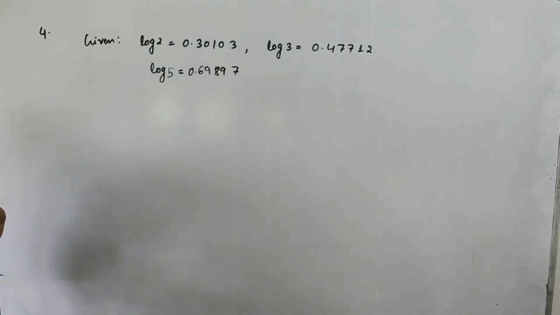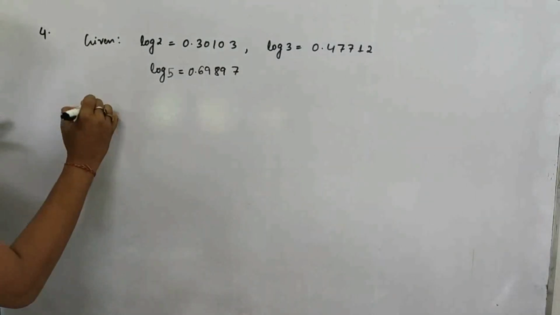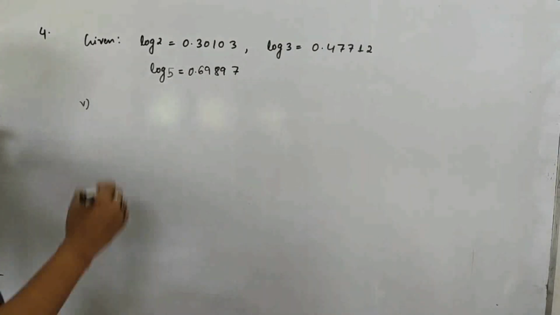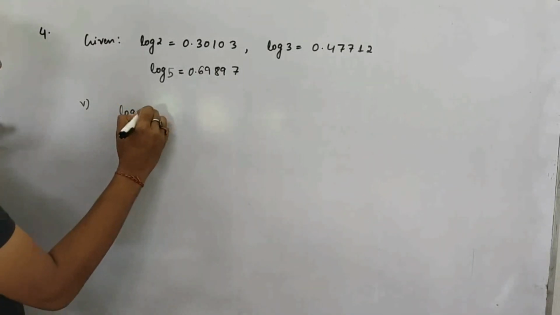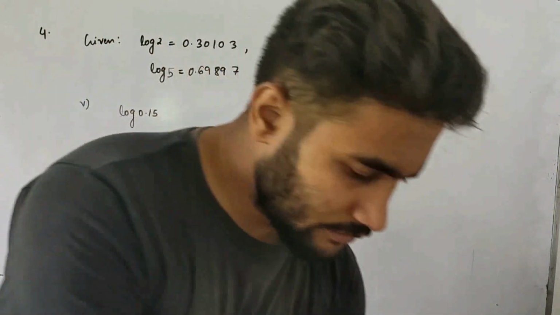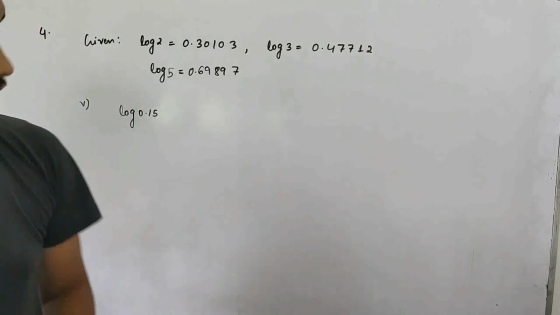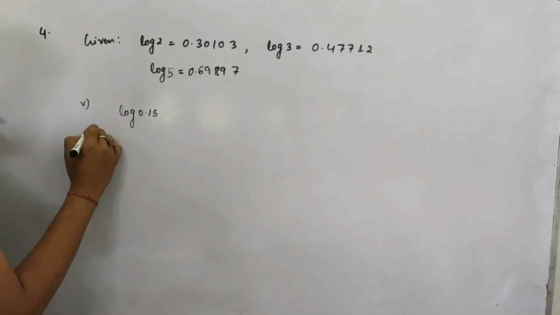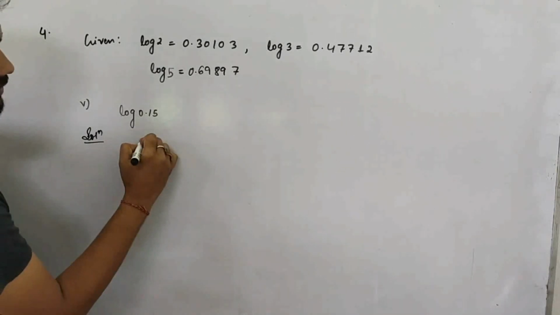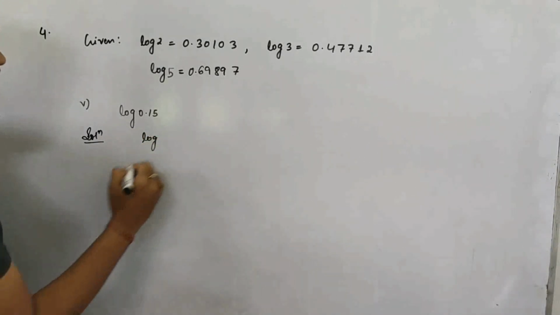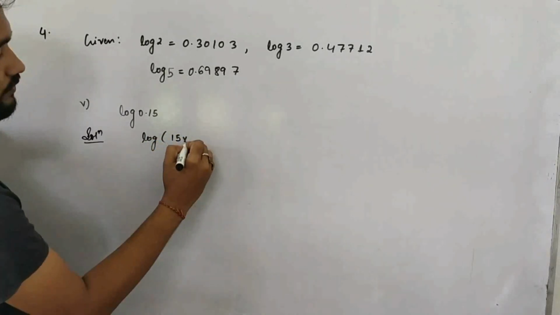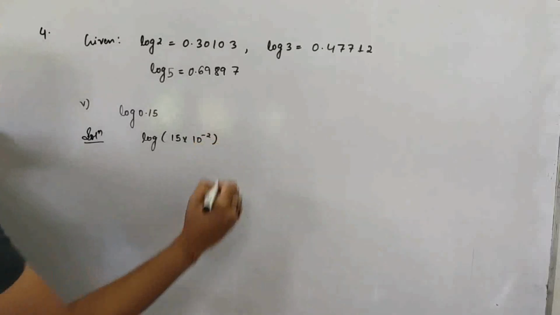Last one I am doing, number 5. Number 5 is log 0.15. Okay, log of 0.15. So, solution. I can write this as log of 15 into 10 to the power minus 2.